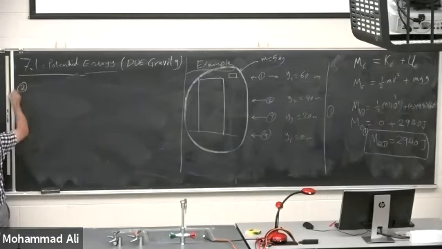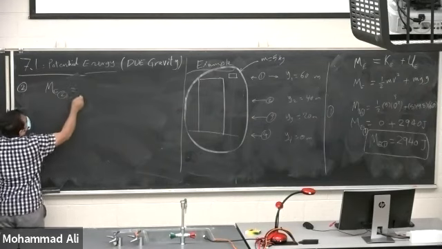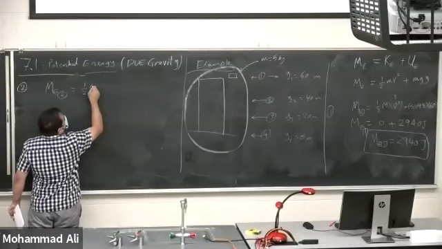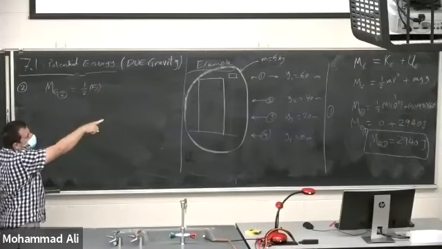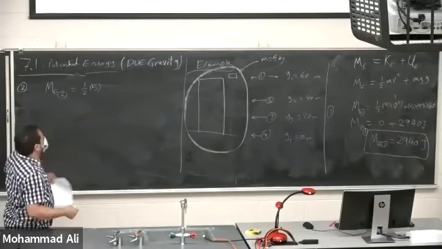At point number 2, the mechanical energy at 2 is equal to half m, which is 5. I know the law now, I just need to change the position.